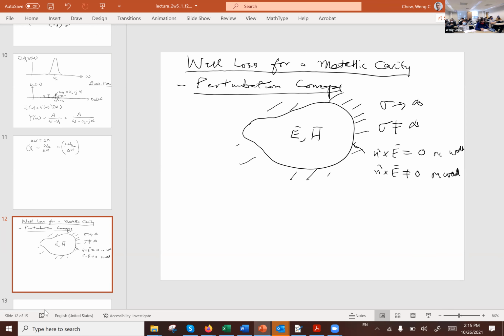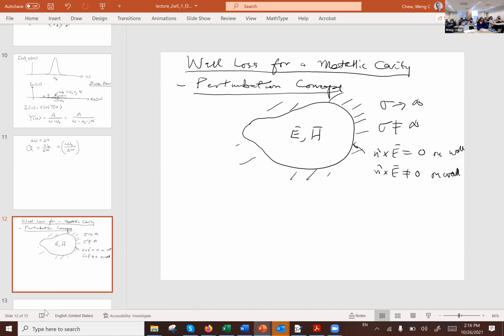Do you agree? What is the most important thing that will change on this cavity? It will be the change in the tangential E component. The tangential E component previously was 0, but now it is not 0. That is a tremendous change, something that goes from 0 to something. That is an infinite change, right?